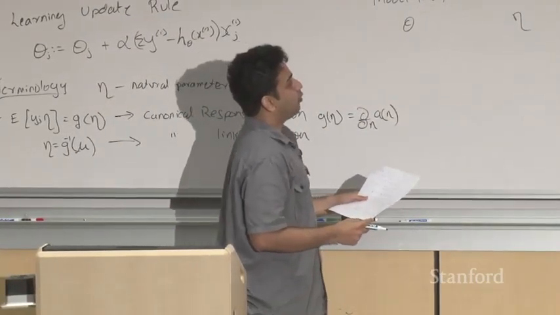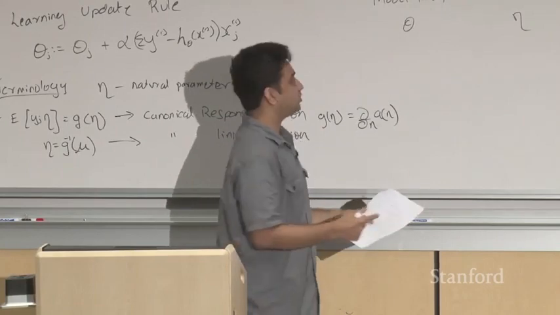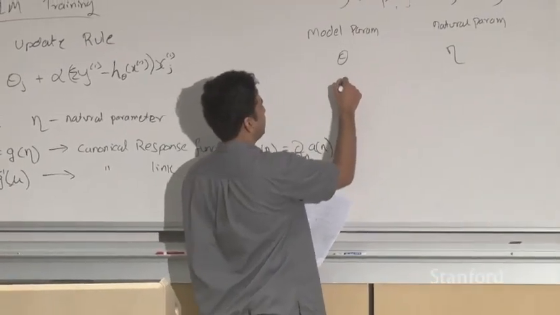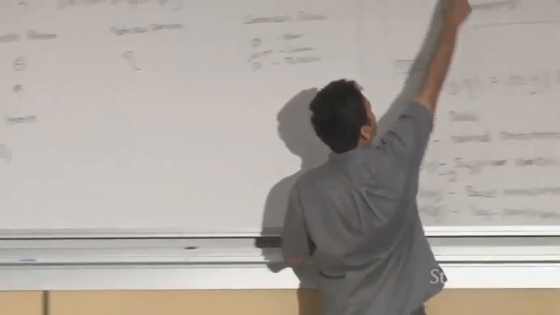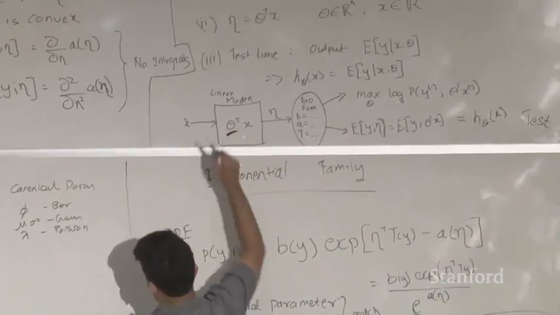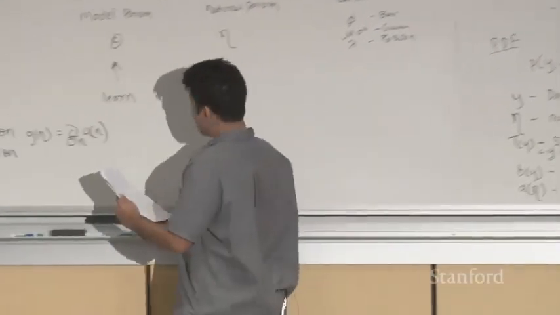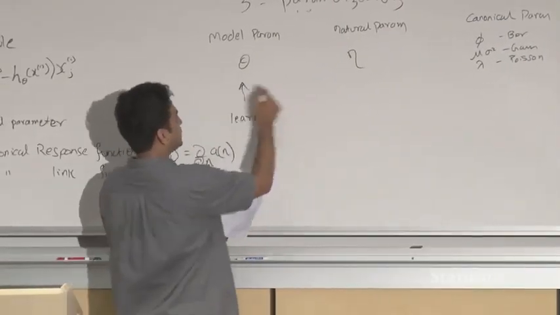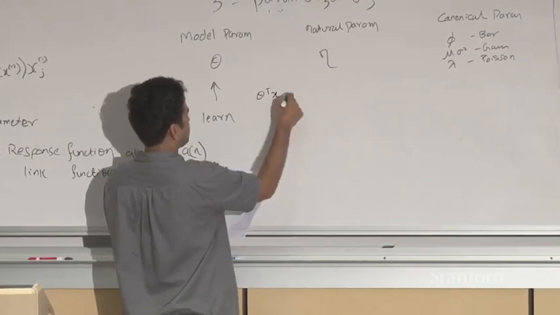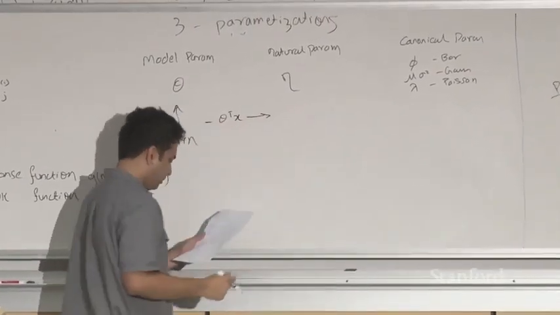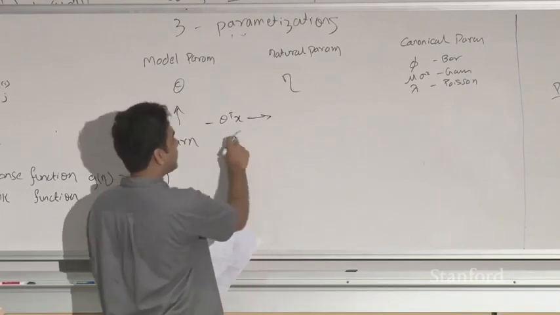And whenever we are learning a GLM, it is only this thing that we learn. Right? That is the theta in the linear model. This is the theta that is learned. And the connection between these two is linear. So theta transpose x will give you the natural parameter. And this is the design choice that we're making.